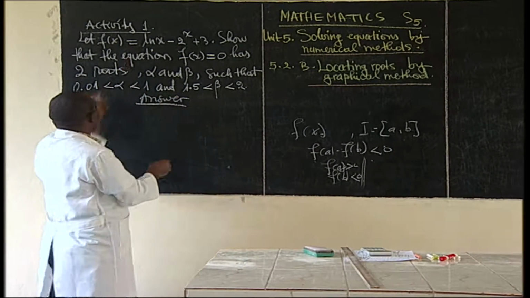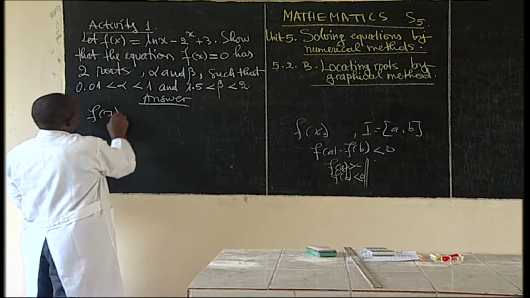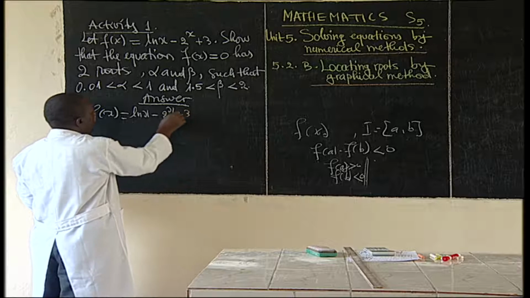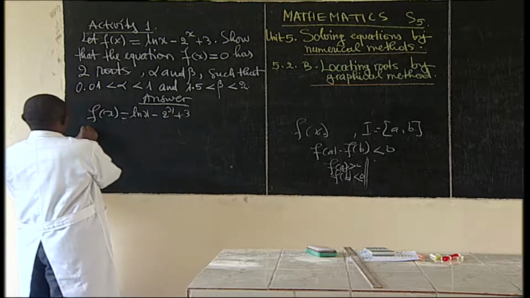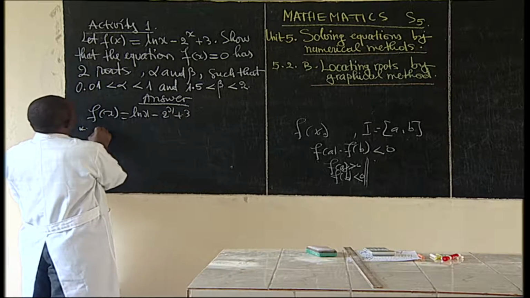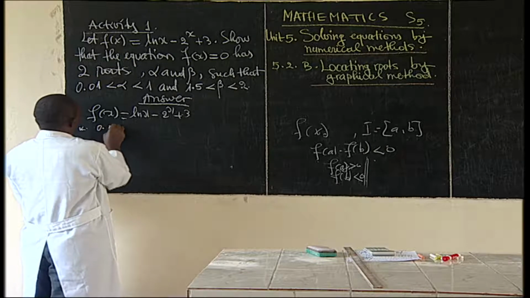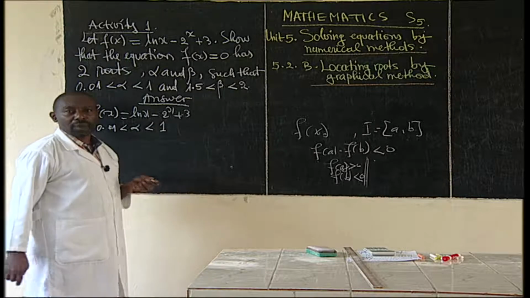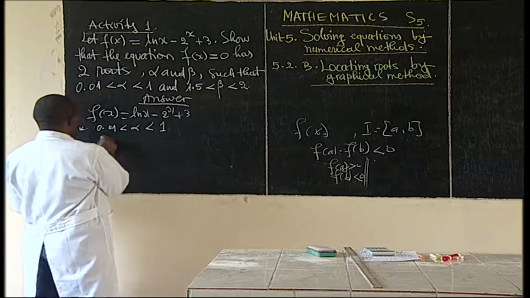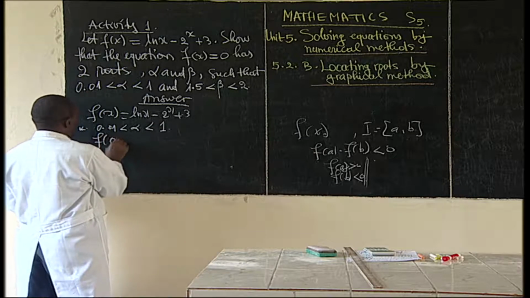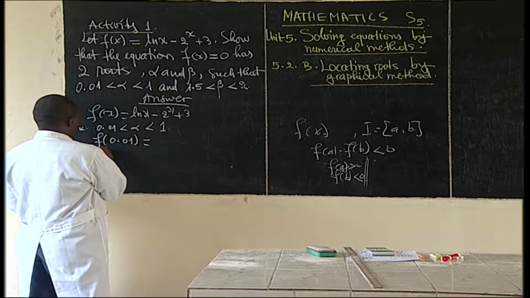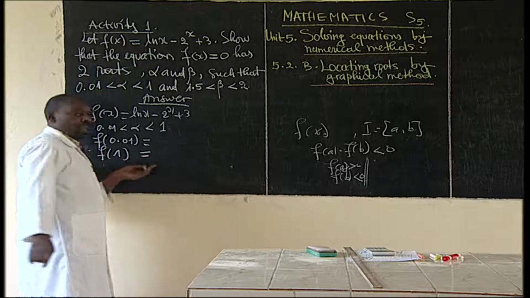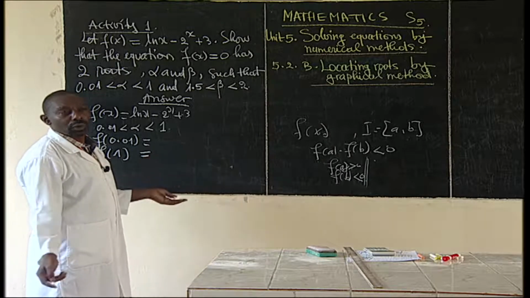So here we have our function, f of x is equal to ln of x minus 2 power x plus 3. And we have 0.01 is less than alpha, less than 1. Are we together? So it means that we have to calculate f of 0.01, f of 1, and we compare if there is change of sign, and we conclude.